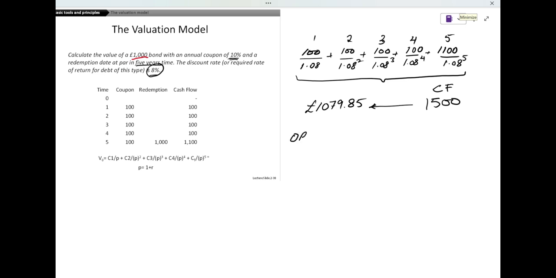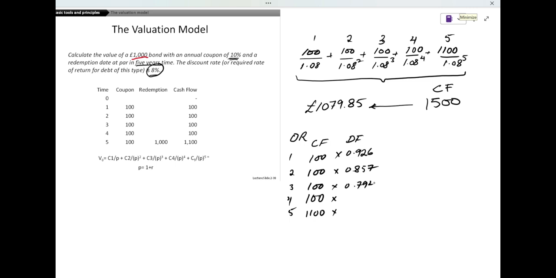The other method you can use is to take the cash flows, these are the cash flows, and multiply them by the discount factor. So this is year 1, 2, 3, 4, and 5. The discount factors are 0.926, 0.857, 0.794, 0.735, 0.681.